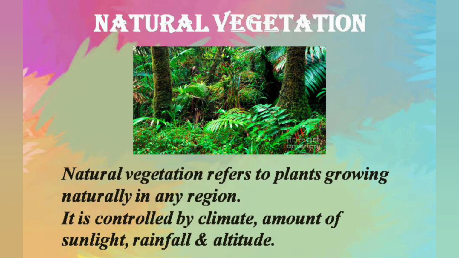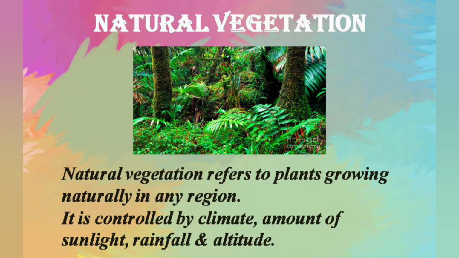Have you ever thought who grows these trees and bushes? In fact, these are the free gift of nature to human beings. As they grow on their own, they are called natural vegetation. The groups of plants which have developed in an area without human interference are called natural vegetation.